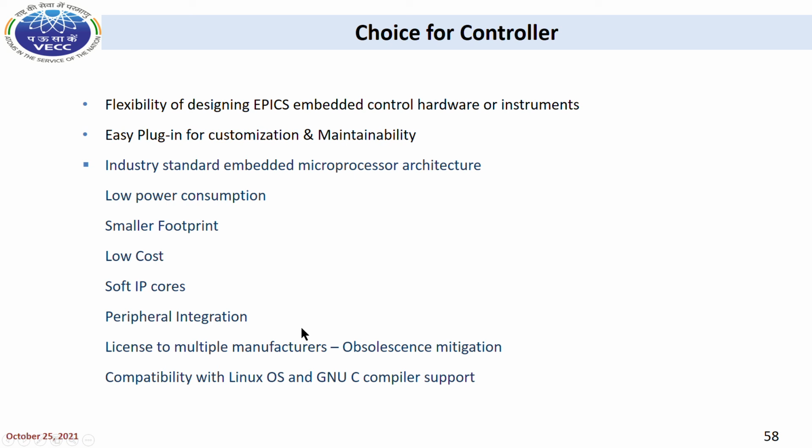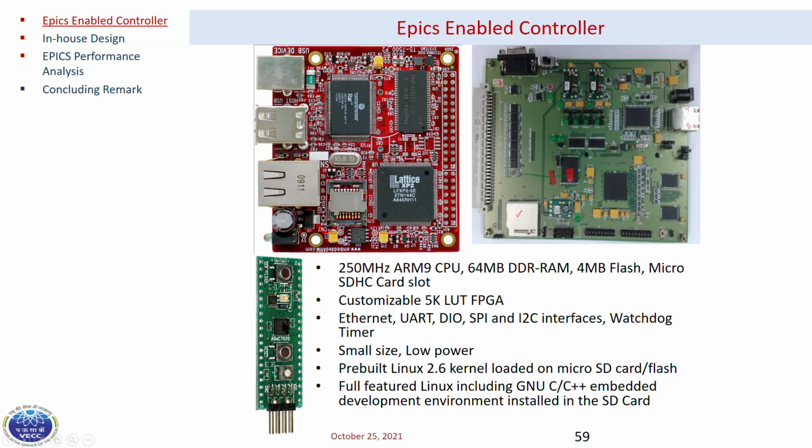This will mitigate obsolescence. It should also be compatible with Linux OS and have GNU-C compiler support. Now this shows several EPICS enabled controllers that we used in our system.